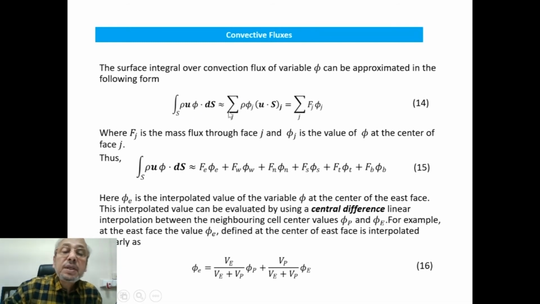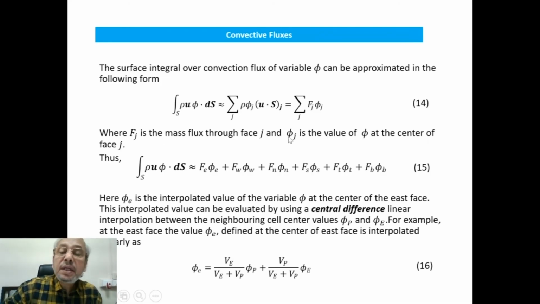That means the summation over j of rho phi j into u dot Sj, which, if we plug in our F definition, gives summation over each j of Fj into phi j, where Fj is the mass flux through face j and phi j is the value of phi at the center of the cell face.